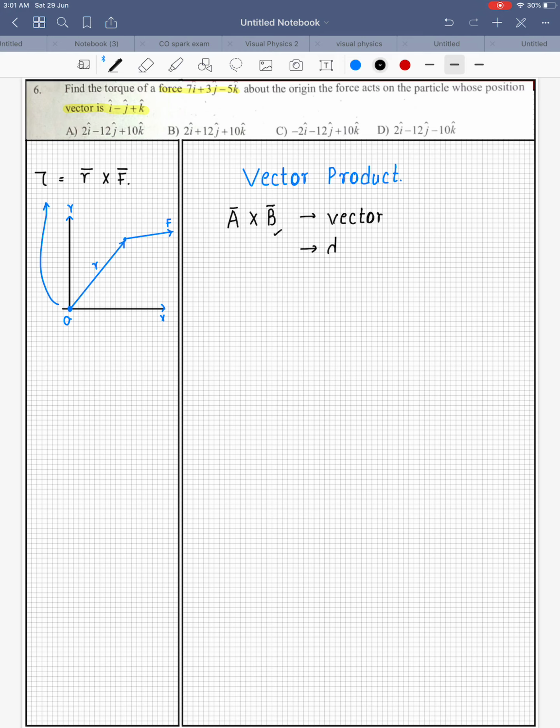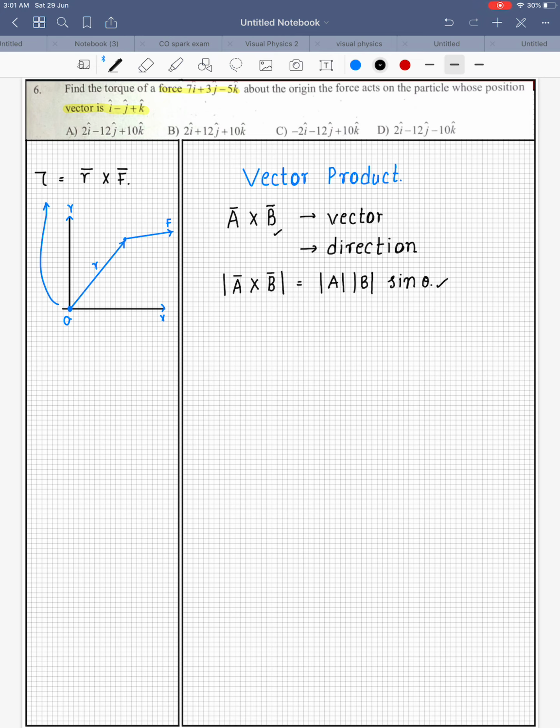The magnitude of A bar cross B bar is given by magnitude of A into magnitude of B into sine of the angle between them.